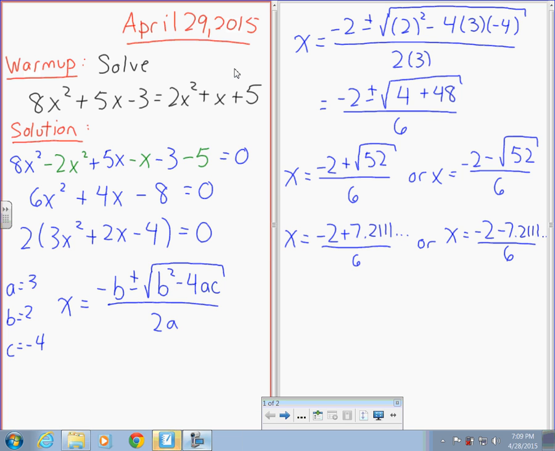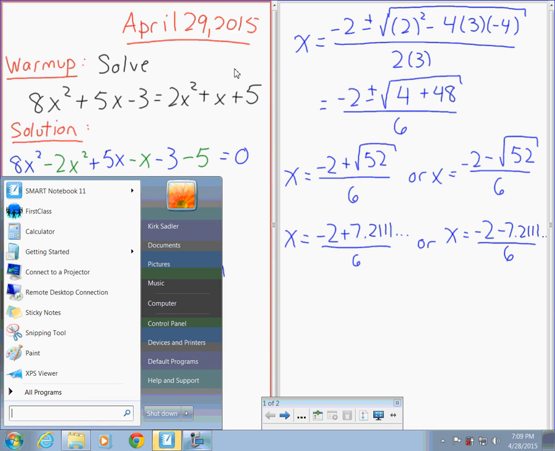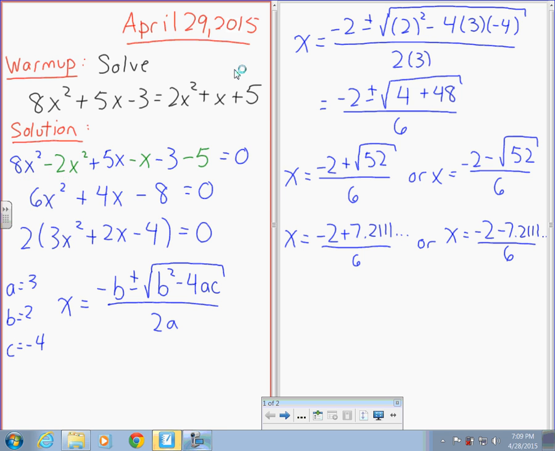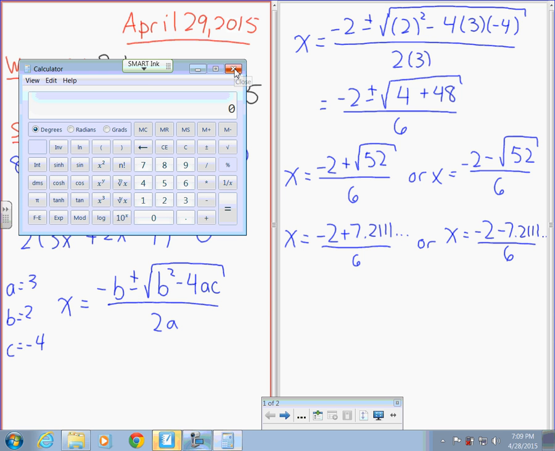Oh goodness. Okay. I'm going to open up my calculator again, sorry about that. While I'm doing my calculator problems, you guys should be able to calculate that for me on your own calculator. I'm going to do that as 52 square root minus 2 equals divided by 6, and I got 0.87 for the first one.